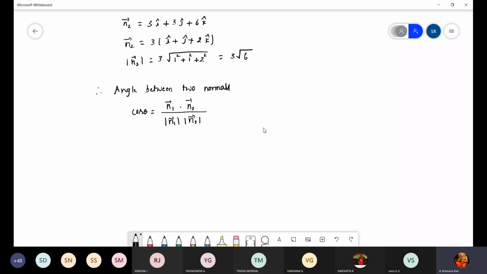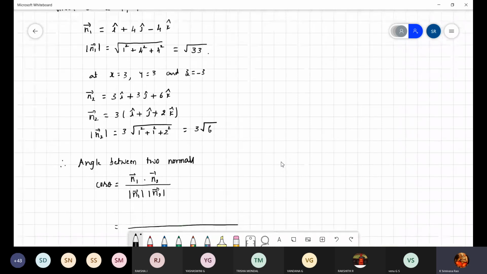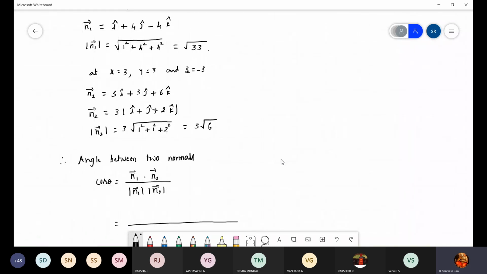Now substitute cos theta equals. What is n1? n1 is i plus 4j cap minus 4k cap. This is n1. In between is a dot, it is a dot product. n2 is 3 I can take common, it is a number.